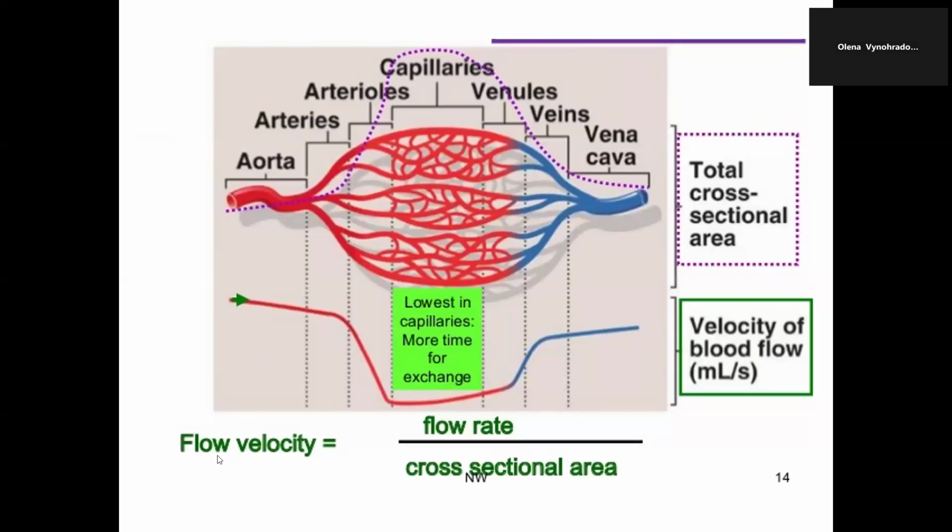Let's look. Flow velocity depends on flow rate and cross-sectional area. The larger the cross-sectional area, then flow velocity will be what? Low or high?